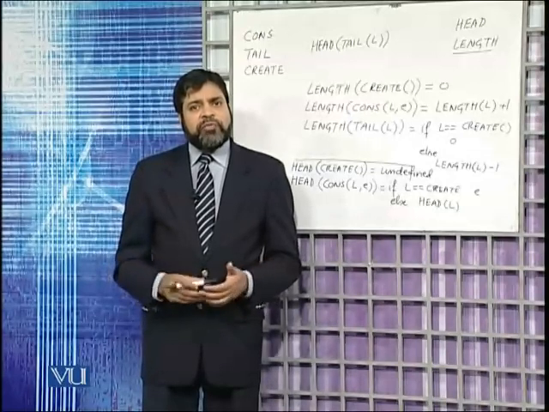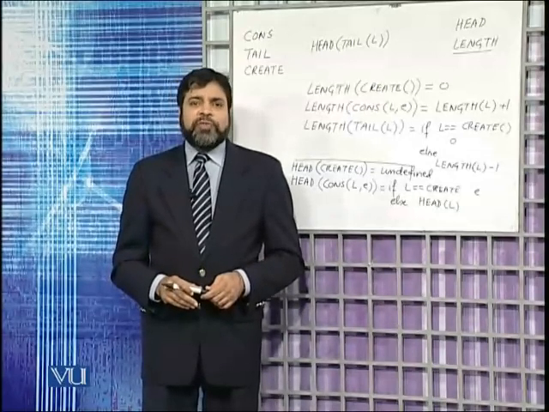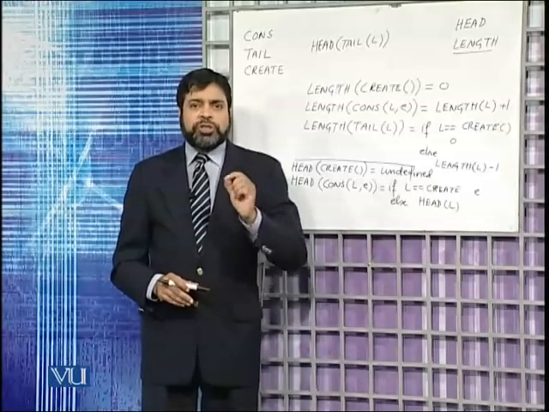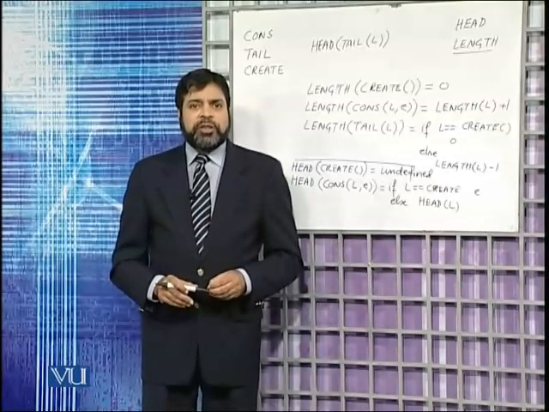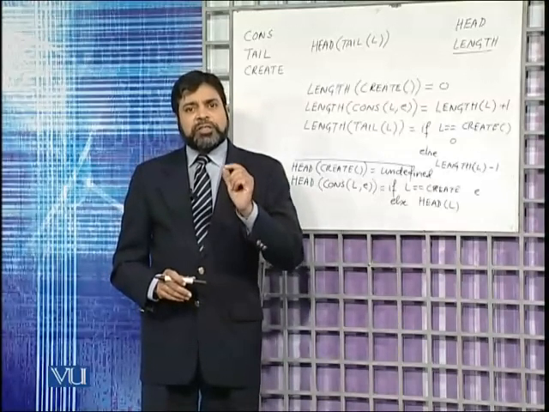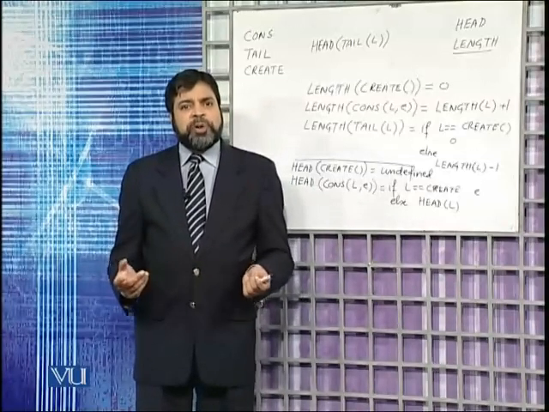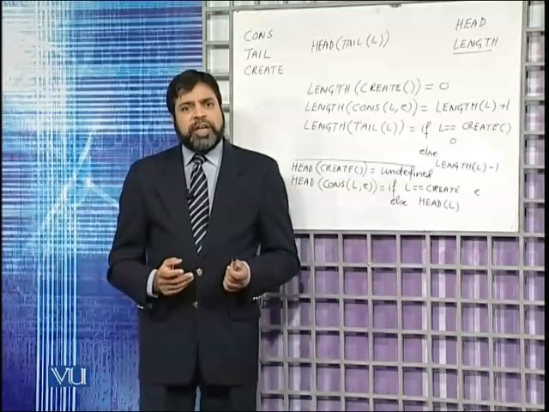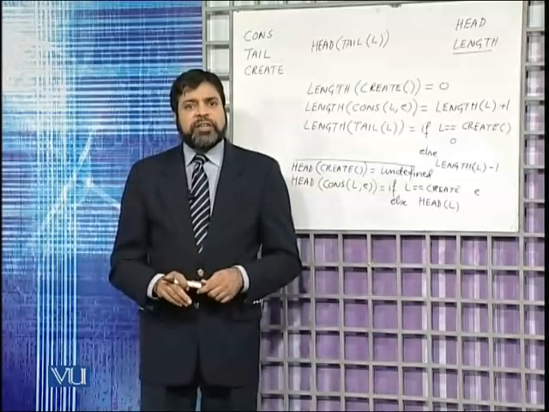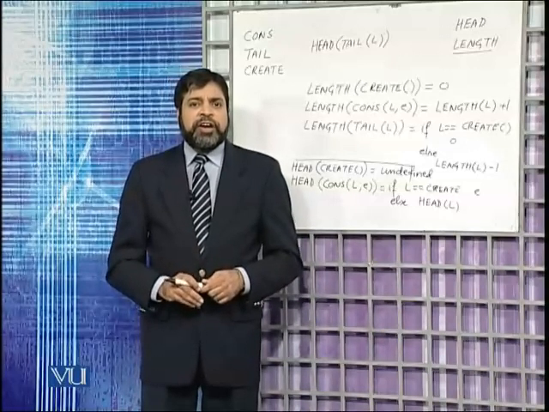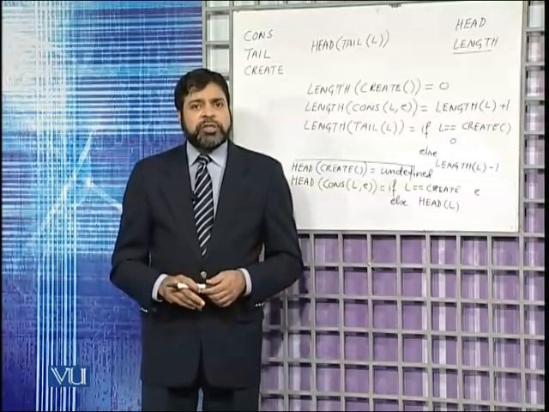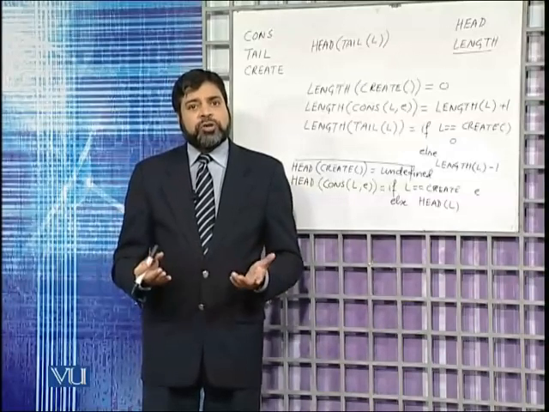So once again, we will have to use the same method. That is, we will take this now head as a non-primitive operation and then write the axioms for head in terms of the other constructors, that is create and cons.